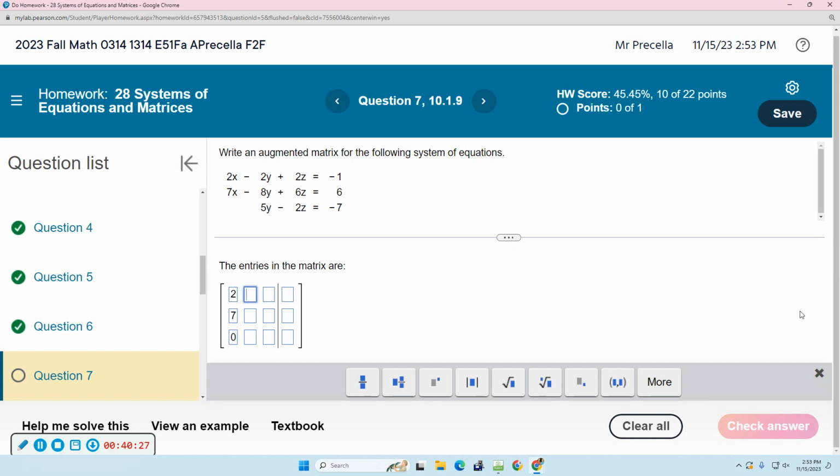Call out the second column, the coefficients that are in the y column. -2. -8. 5.